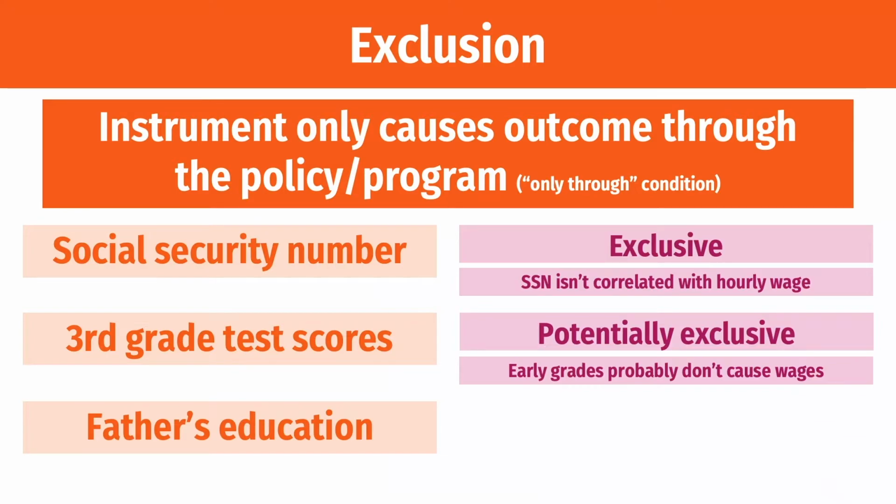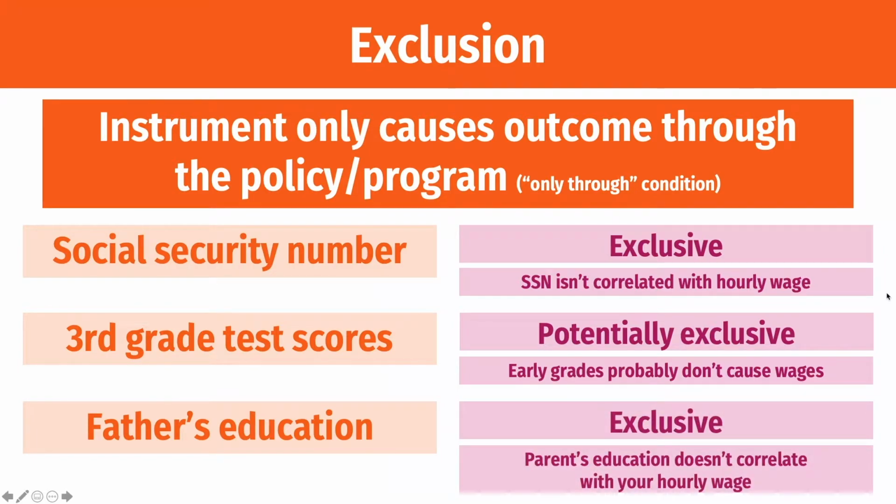So we already said that early grades cause more education. For exclusion to work, we have to say that early grades in third grade cause more wages later on, but only because it made you get more education. If we can tell that story convincingly, that your third grade test score made you richer later in life because you have more education and only because you went to more school, then we can say it meets the exclusion principle. But that's a tough sell.